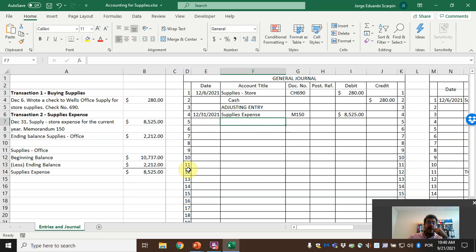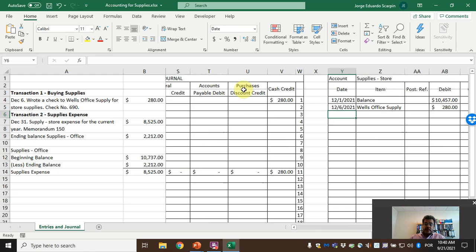And how much the credit? We are taking this 8,000 out of our supply, so we need to reduce this balance. Supplies, an asset account. So for an asset account, the normal balance is a debit. So to reduce it, we credit it. And then 8,525.